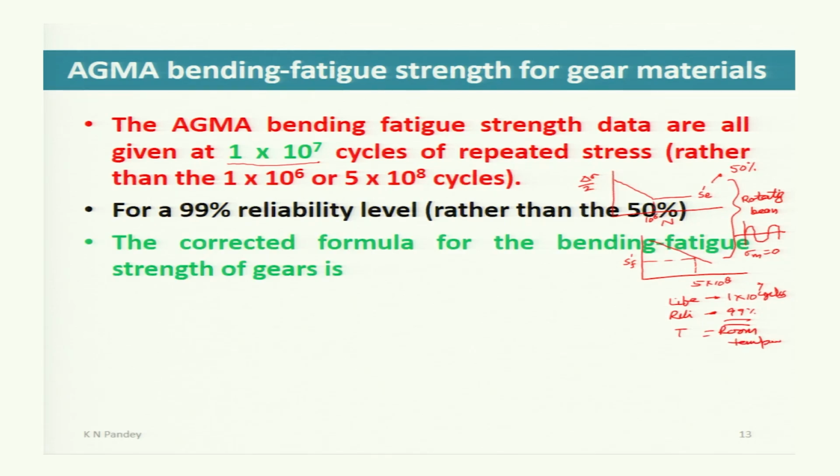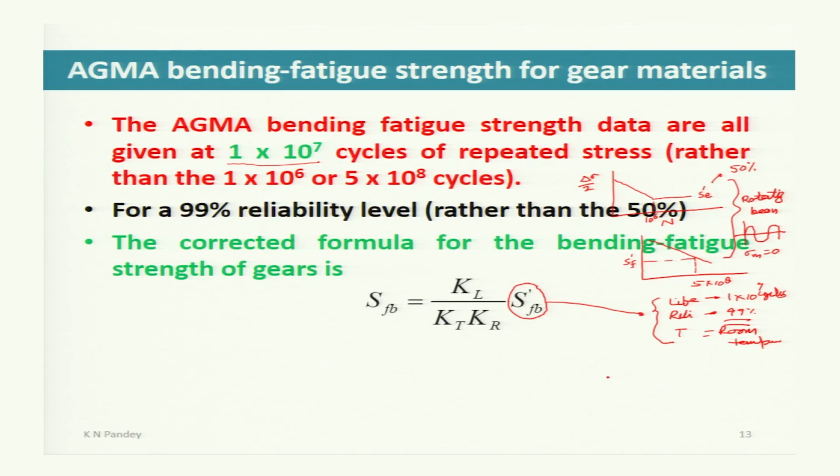The corrected formula for the bending fatigue strength of a gear is as follows. The strength data which we will get from literature will be called SFB dash, and this SFB dash is valid for these conditions.